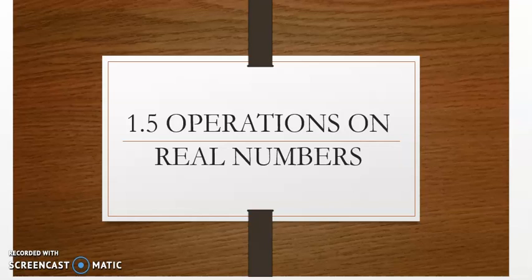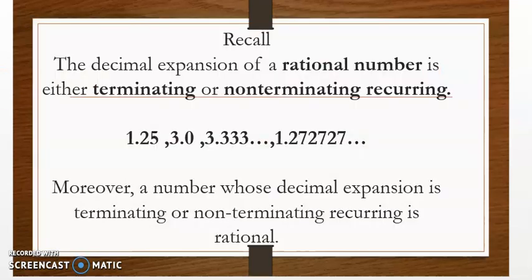Let us recall what we learned in the last class. We saw that the decimal expansion of a rational number is either terminating, which means the digits after the decimal point stop, or non-terminating recurring.